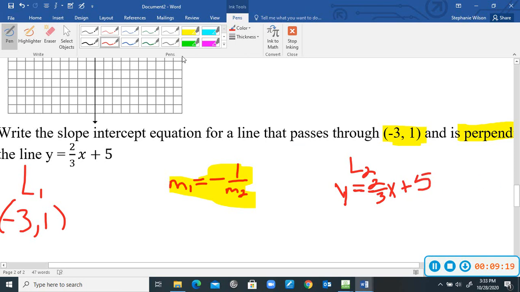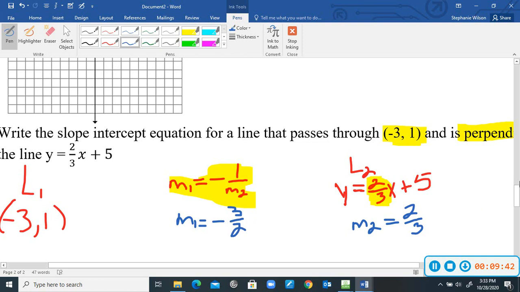And we know now what the slope is because it's written in slope-intercept form. And if they're perpendicular, since this is a positive, so let's write it down, slope 2 is a positive 2/3, then that means slope 1 is going to be a negative 3/2.